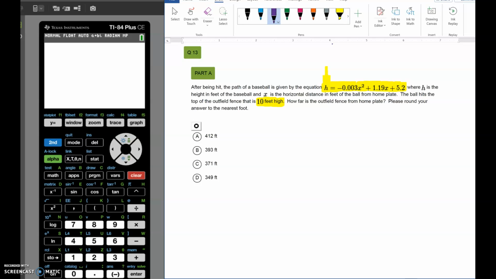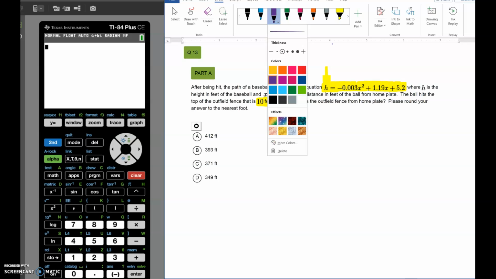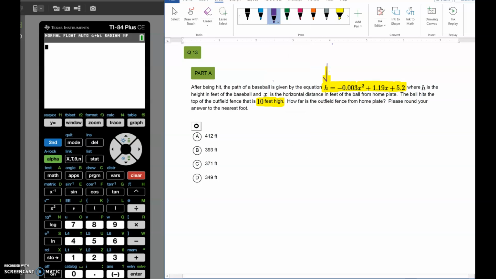This is your ending height, and that would be this number. So you're putting 10 in place of h. But in order to use the quadratic formula, and I will make sure on this question on the quiz to have the quadratic formula there so you don't have to flip back to find it, you need to have 0 on one side.